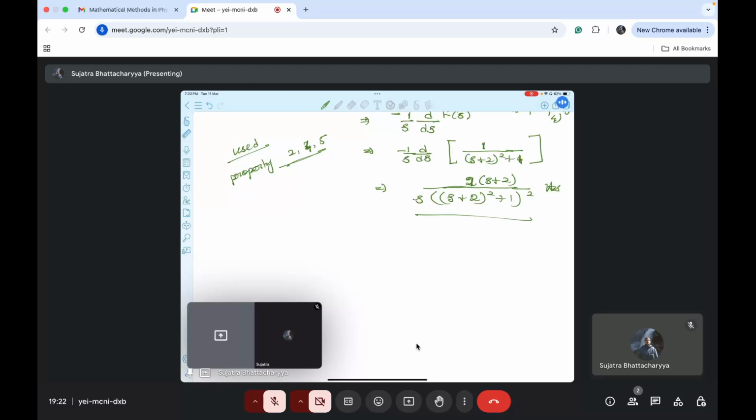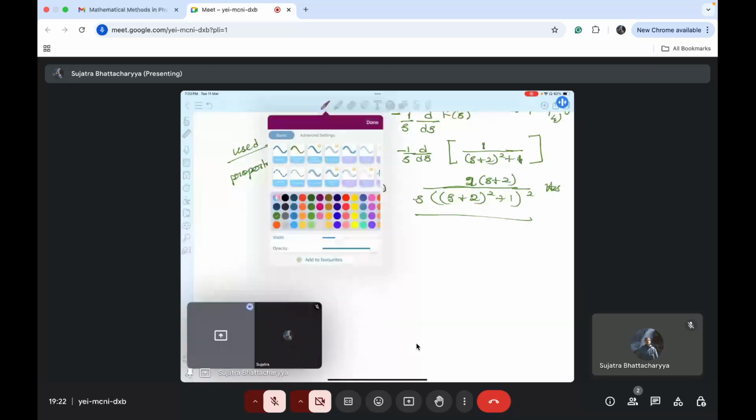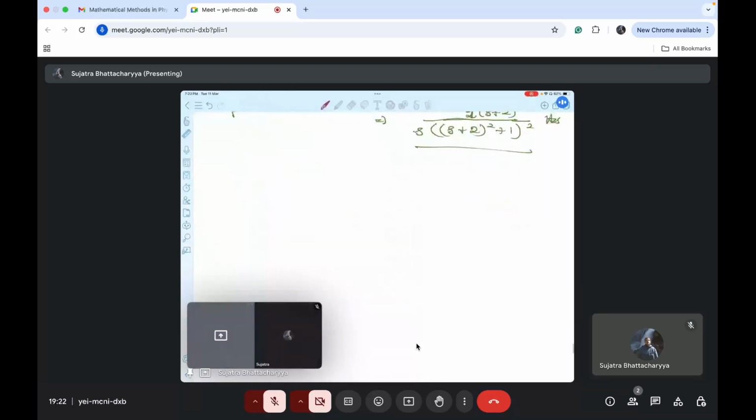Okay, let's go to the unit step function. This you can say as a property, or you can say that it is a particular case. Okay, so you can say this is the property, like the unit step function. First of all, what is this unit step function?